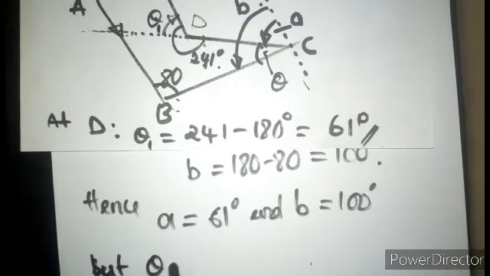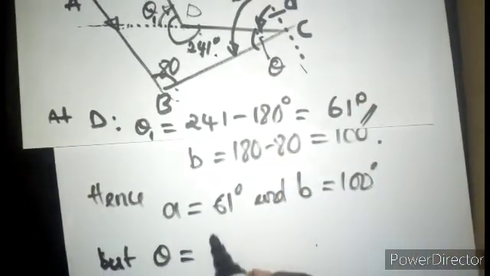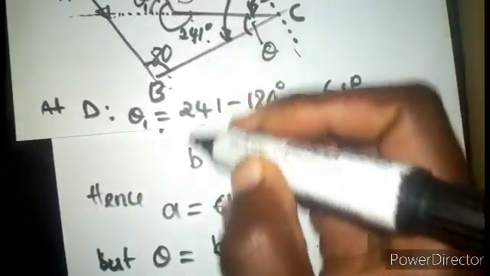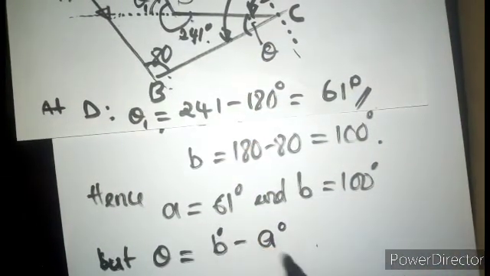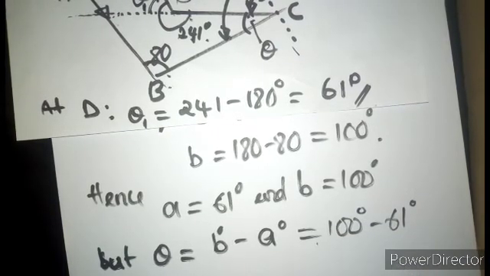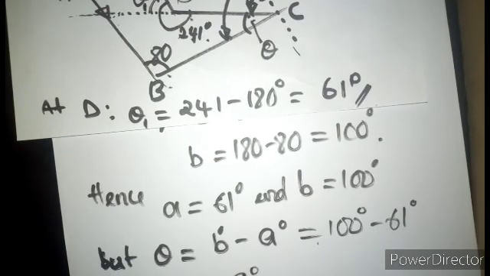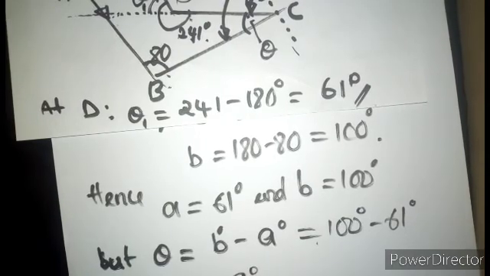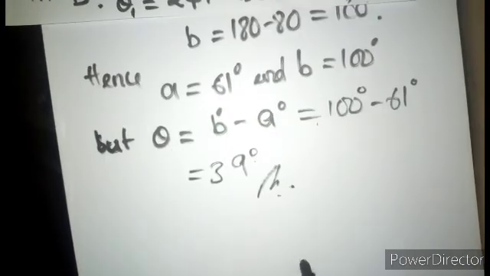But angle theta here is the angle B minus the angle A. That is 100 minus 61 degrees. So we have 39 degrees as theta, and that is it.